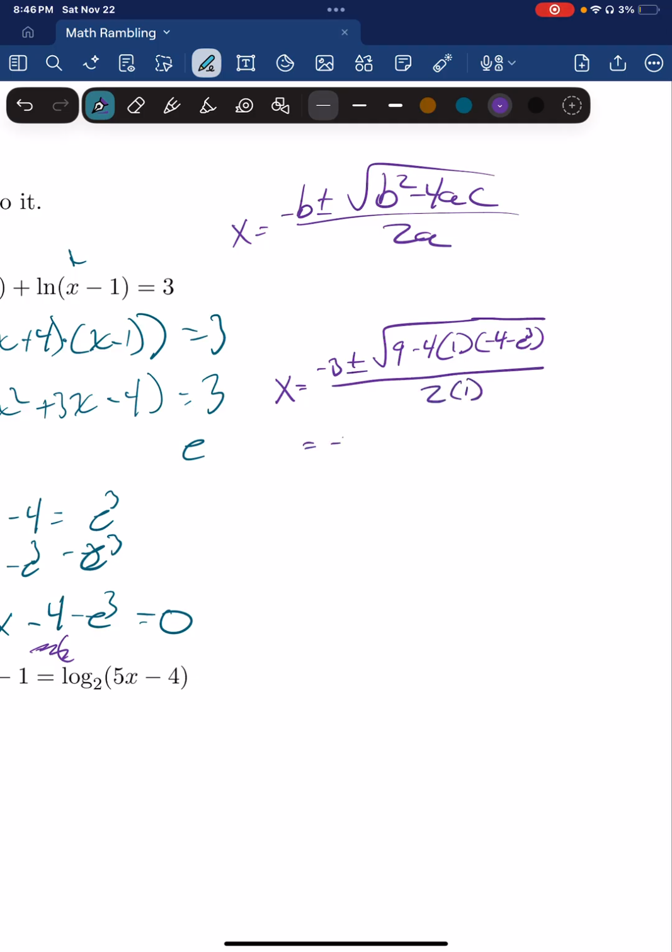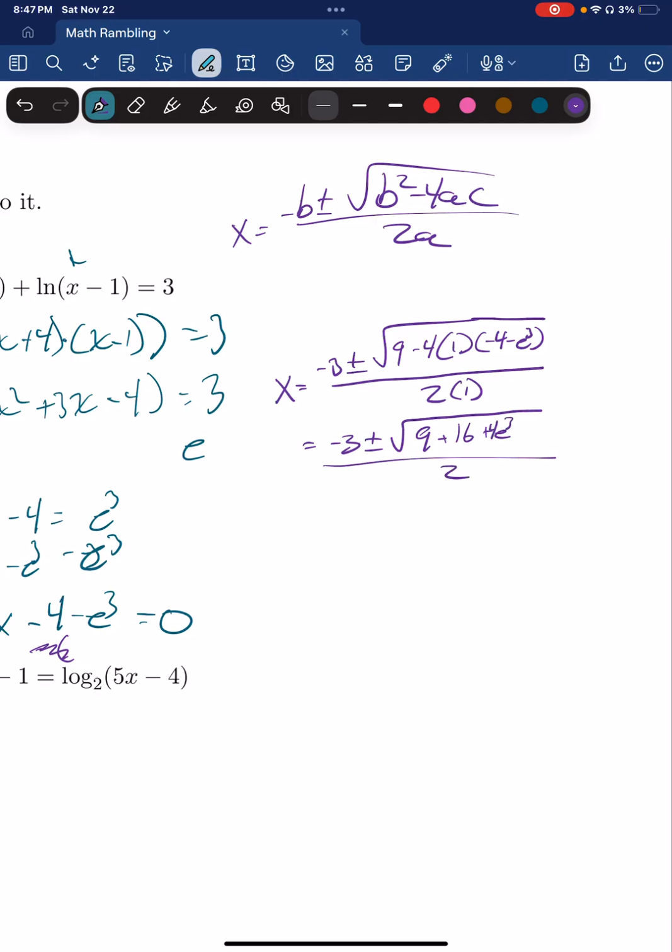All right, and let's see if we can simplify this at all. 9 minus 4 times, okay, so plus, 16 plus 4e cubed over 2.